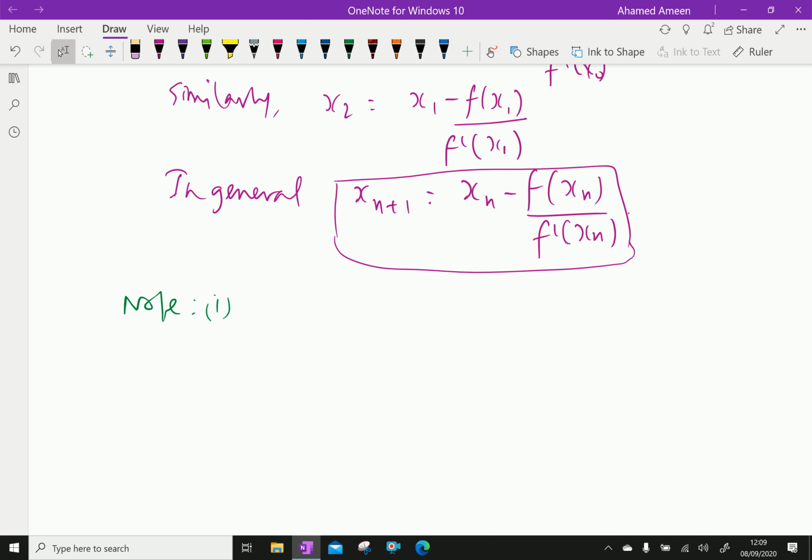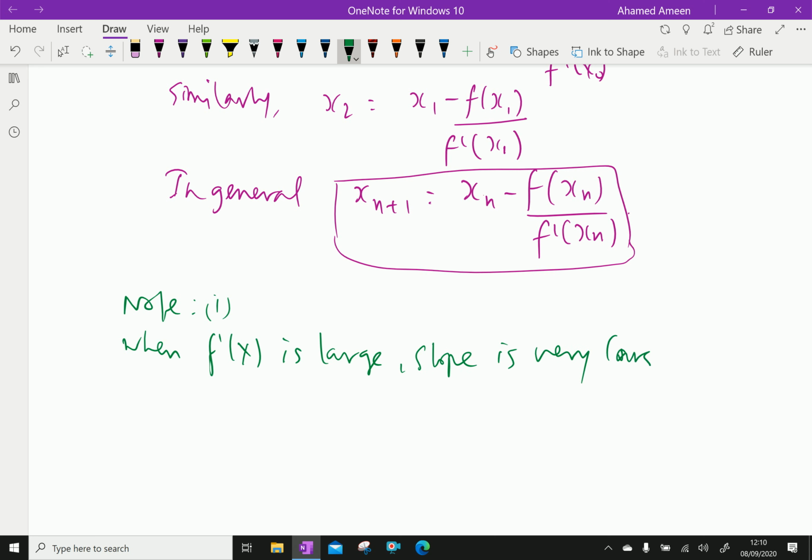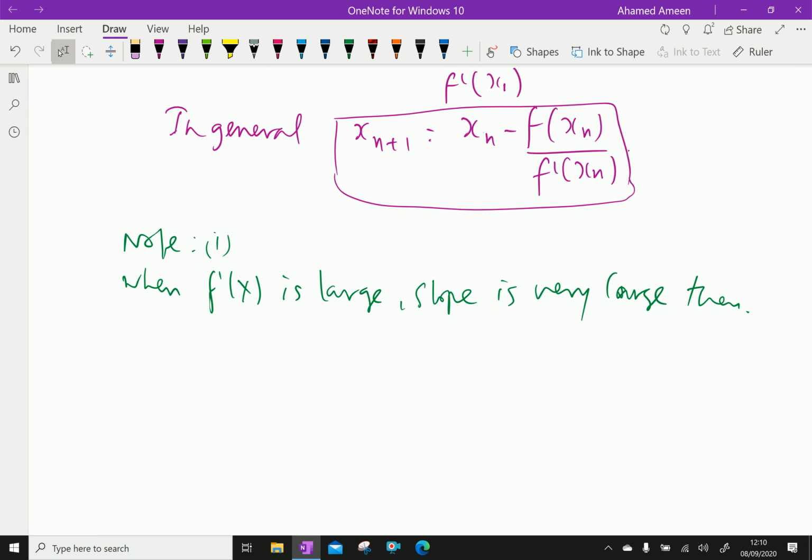First one, when f dash of x is large, that is the slope is very large, then we can find the root rapidly, because the slope comes to perpendicular easily.